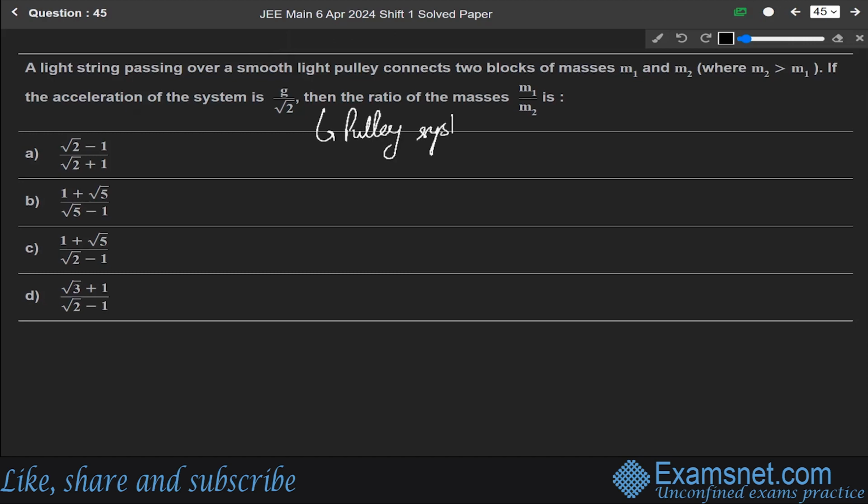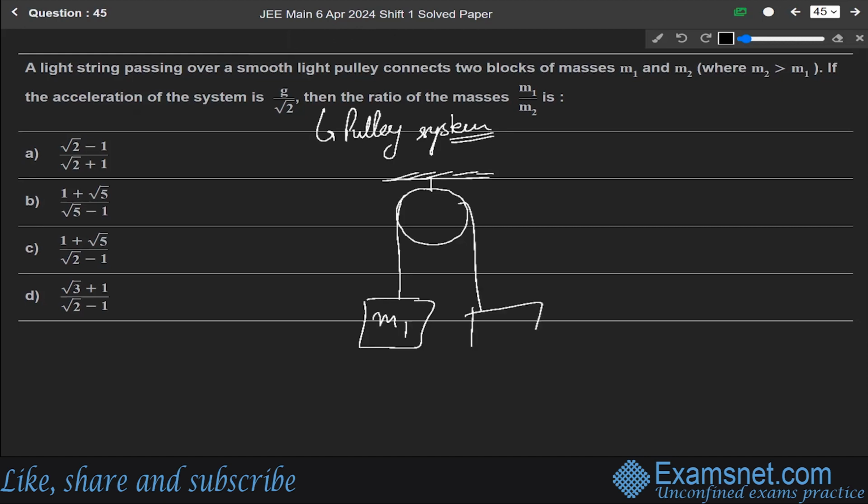Let us try to understand this question. Let us say this is a pulley, and this is M1 and this is M2. A light string passing over a smooth light pulley connects two blocks of masses M1 and M2 where M2 is heavier than M1.